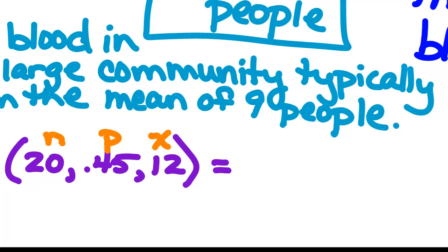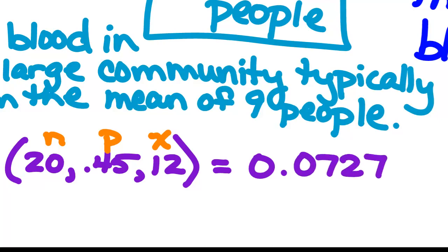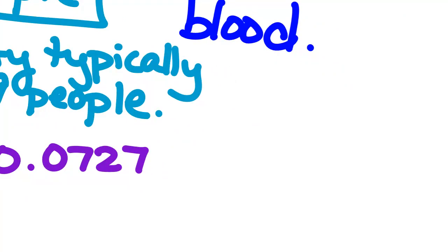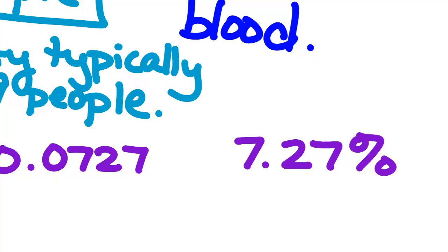And you should get 0.0727 if you take it out to 4 places. So 7.27%. So there's a 7.27% probability that in a sample of 20 people from this large community, I get 12 of them out of those 20 that have type O blood.